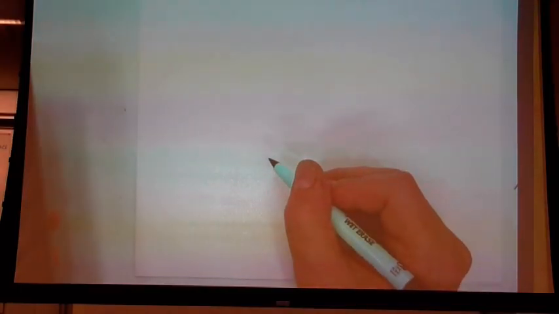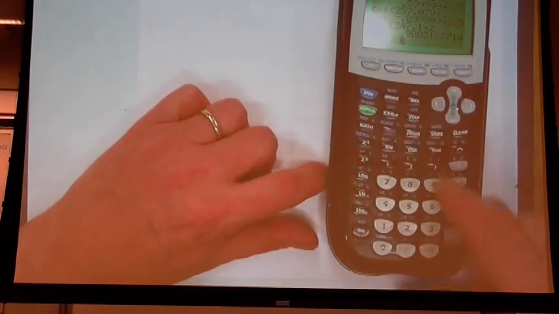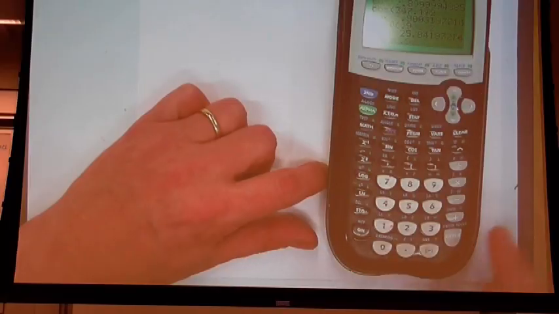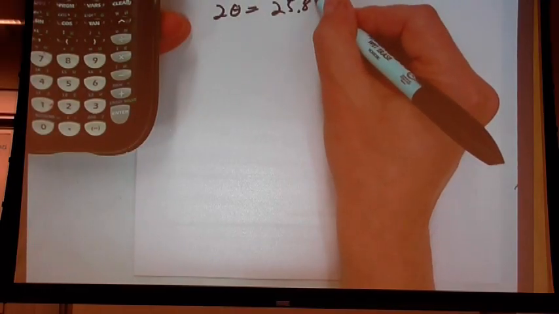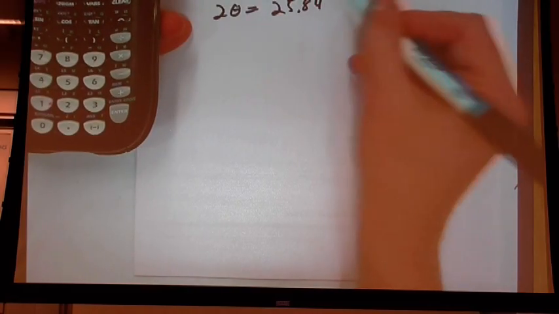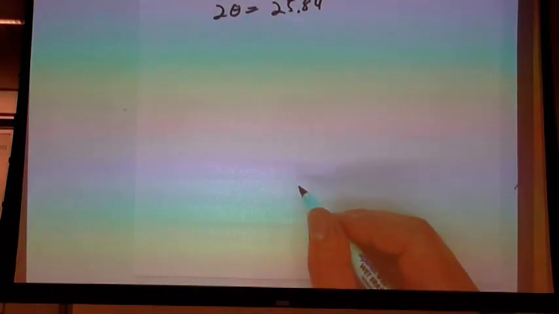All right, let's take a look here. We know that cosine of 2 theta equals 0.9. So let's find out what values 2 theta can equal, right? So we start off with inverse cosine of 0.9, and we get 2 theta can equal 25.84. That's good enough, right?